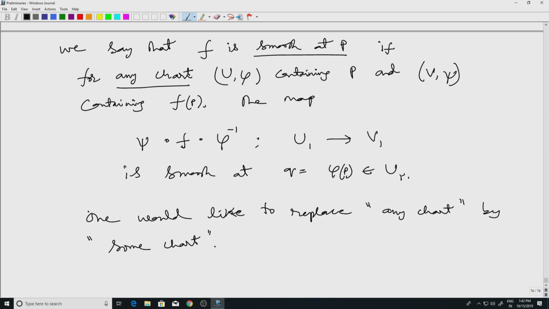For instance, when dealing with the sphere, the stereographic projection gave rise to two nice charts where formulas were rather simple, and one would like to check that a map on the sphere is smooth just by working with stereographic projection rather than some other chart.